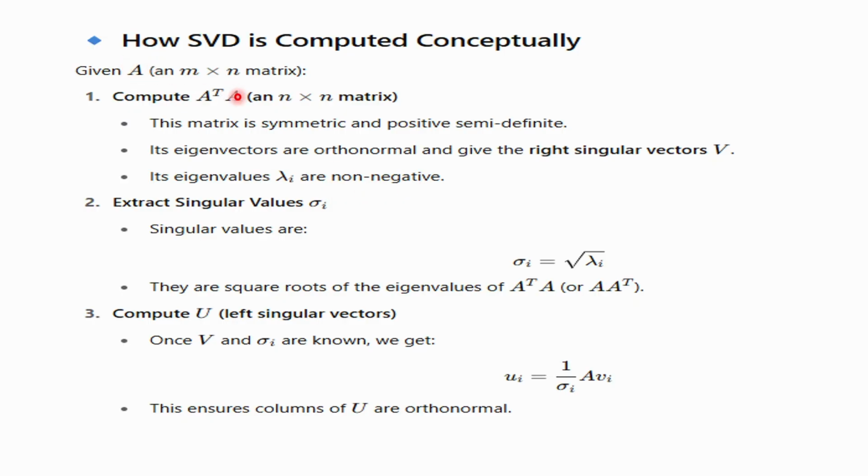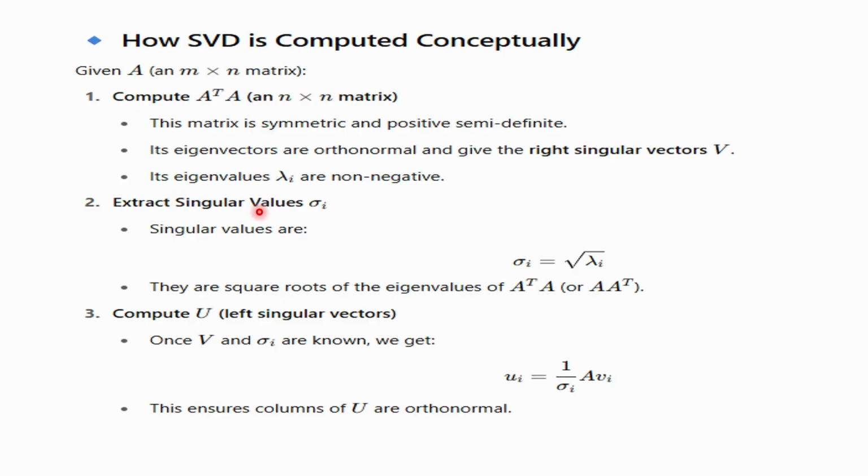So first compute A transpose A, then extract the singular values sigma i. Singular value equals the root of lambda i. They are the square roots of the eigenvalues of A transpose A or A A transpose.